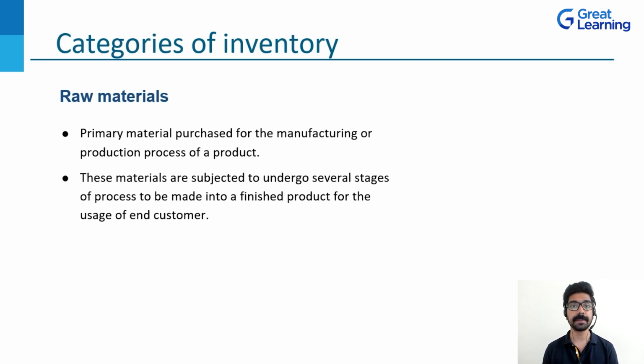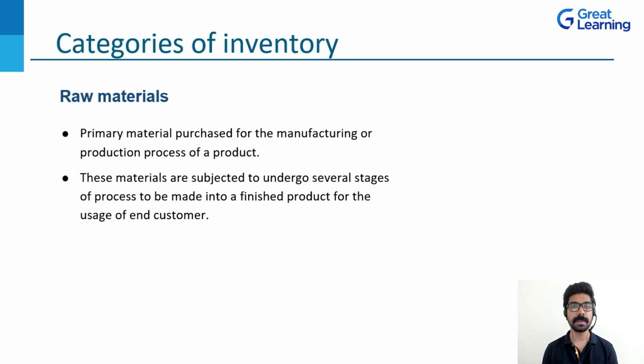Raw materials are nothing but primary materials purchased for the process to get the final output, and these materials undergo several stages of processing to be made into a finished product for the usage of the end customer.